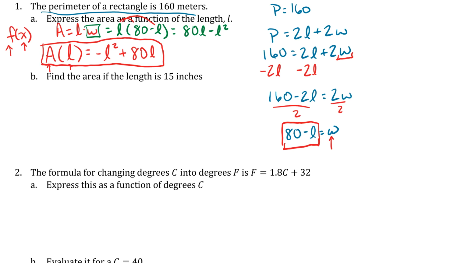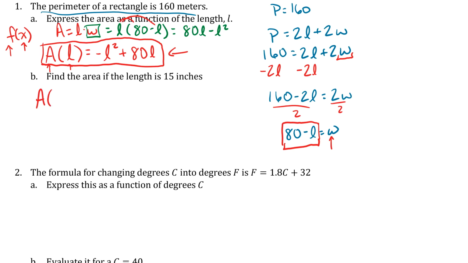For part B, find the area if the length is 15 meters. This is why this function is useful, because now we're just given the length. Normally we can't find area with just length; we would need the width as well, but we already found this function that lets us do it with just the length.